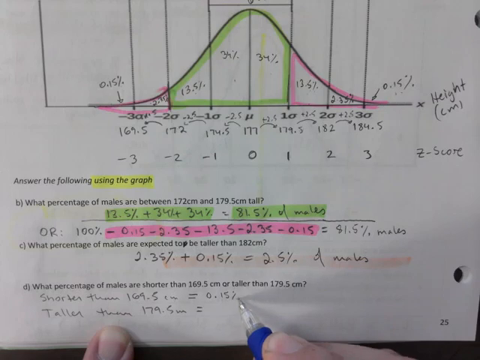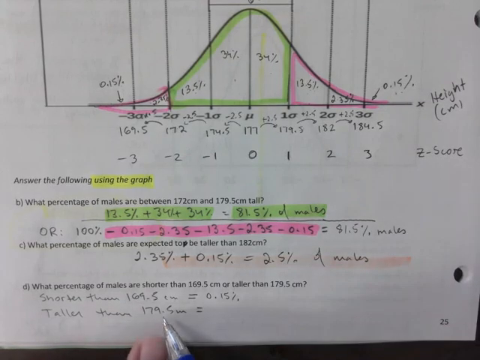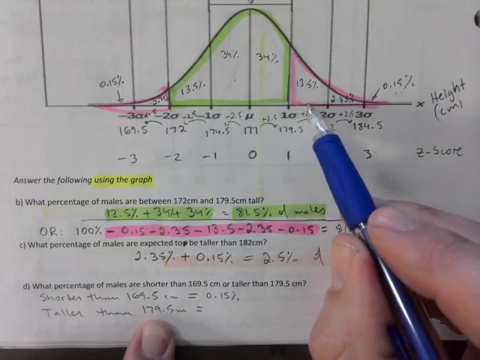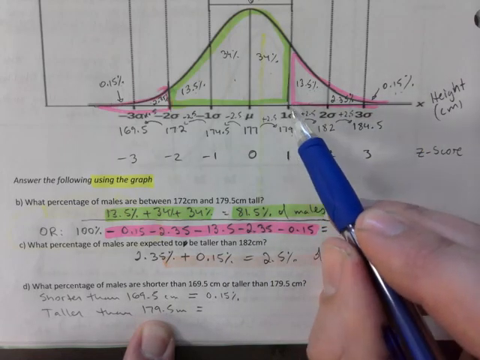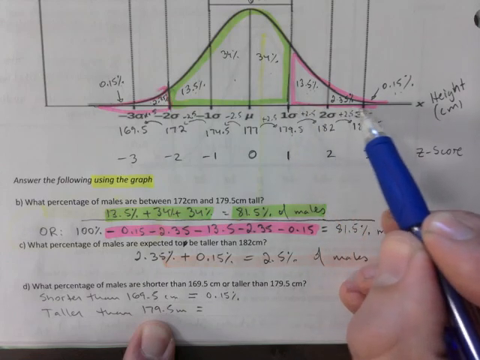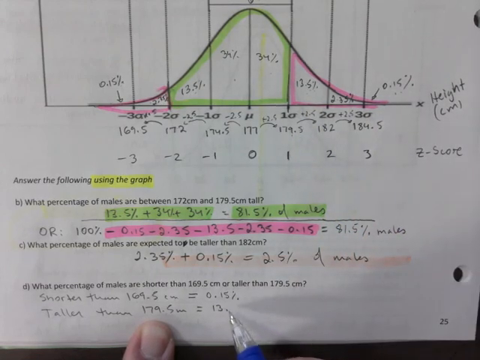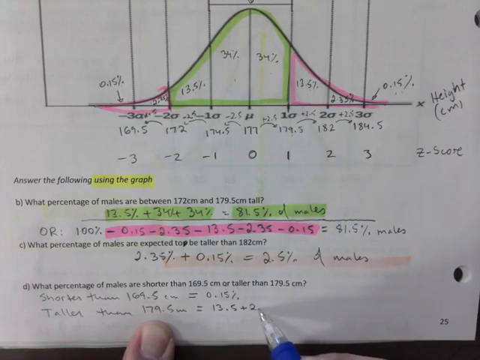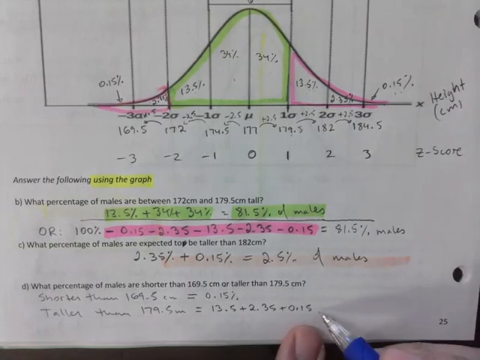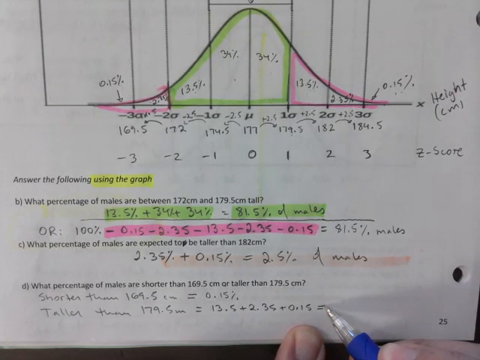That's it. You're done there. Taller than 179.5, that's right here. So taller is all of that. So that's 13.5 plus 2.35 plus 0.15. That adds up to 16%, correct?